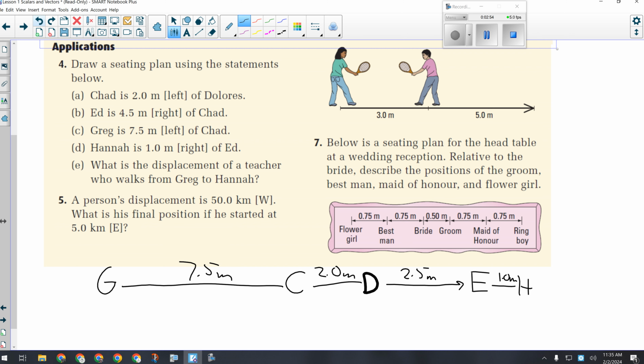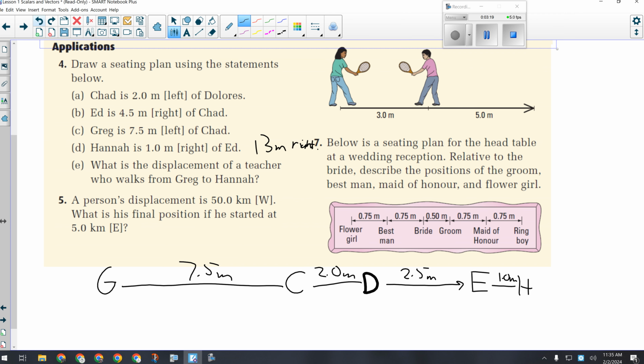All right, so second part of this question, what's the displacement of a teacher who walks from Greg to Hannah? Well, 7.5, 9.5, 12, 13 meters to the right. That would be my final answer for the last part there. Questions on that one?